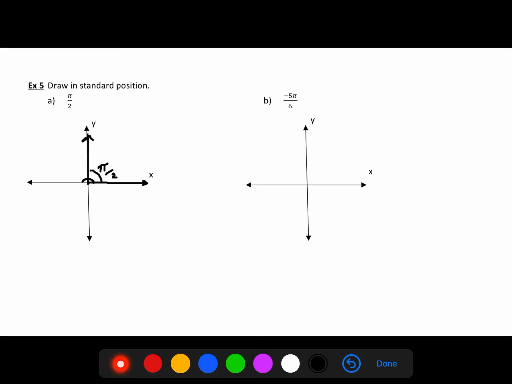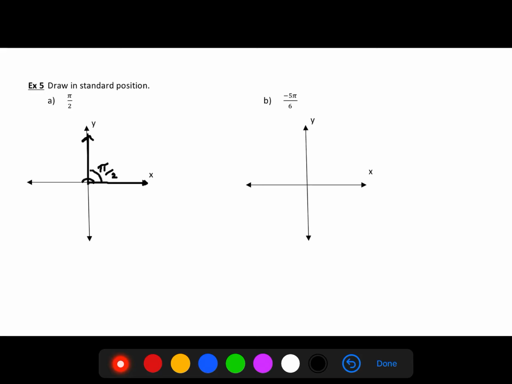Now, negative 5 pi over 6. There are some base angles that we want to know in radians. So we are going to have to know our 30, 60, 90, 45s in terms of radians.